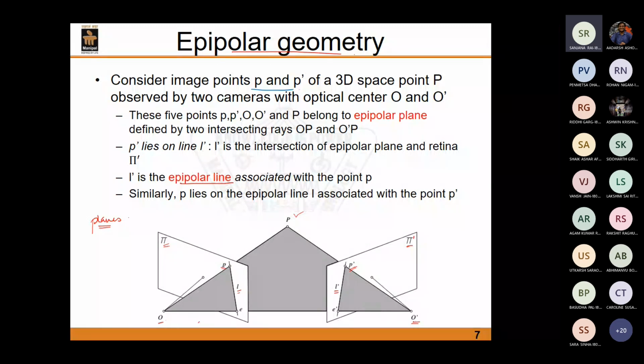Now let's say you have a 2D point p over here, and this p is the image of the 3D point P in the world space. Given the 2D point p and the 3D point P, we can say that the corresponding 2D point p dash will lie on the epipolar line L dash.